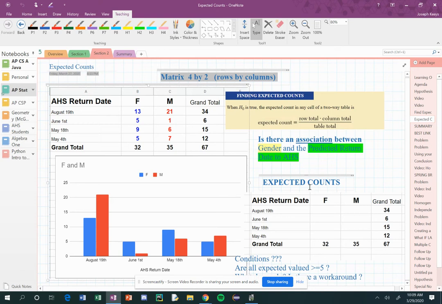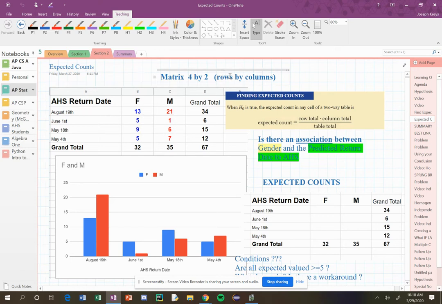So the first thing you have to do is to enter these 8 observed counts. Notice this feels like there's one list and another list, but when we deal with our calculator in this section, we do not deal with lists at all. We actually deal with matrices. So matrices can be entered on your calculator, and in this case, this is what we call a 4x2 matrix.